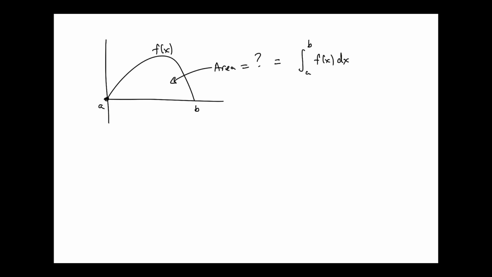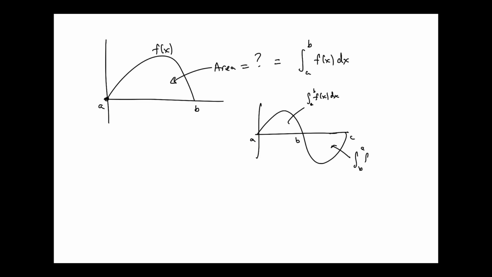x-axis. Now, why do I mean signed area? Because let's take, for example, something like this. And let's say we have a, b, and c. So this is the integral from a to b of f of x dx. And this area would be the integral from b to c of f of x dx. Area cannot be negative in geometry.